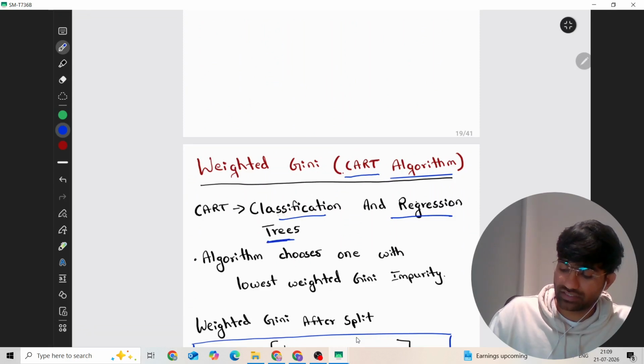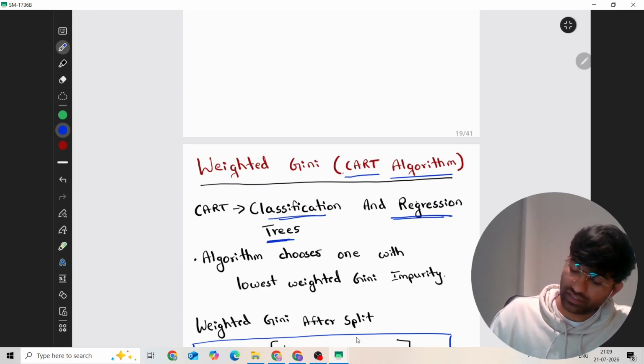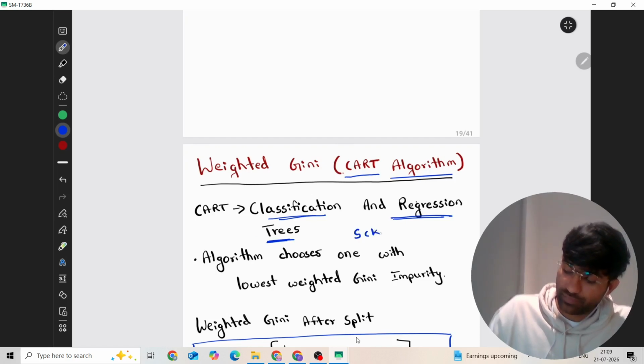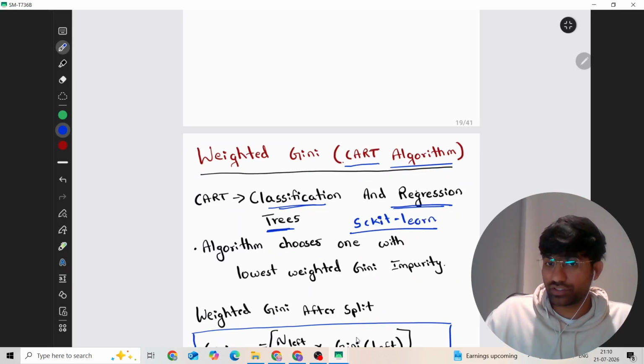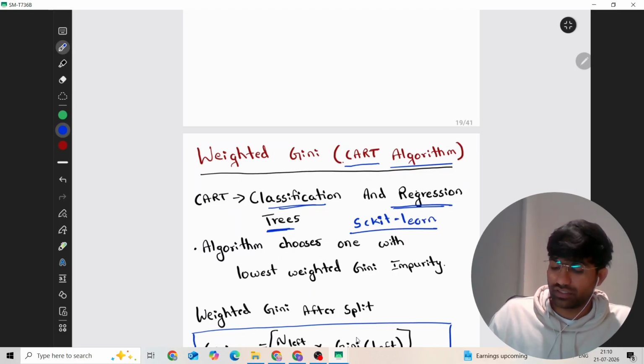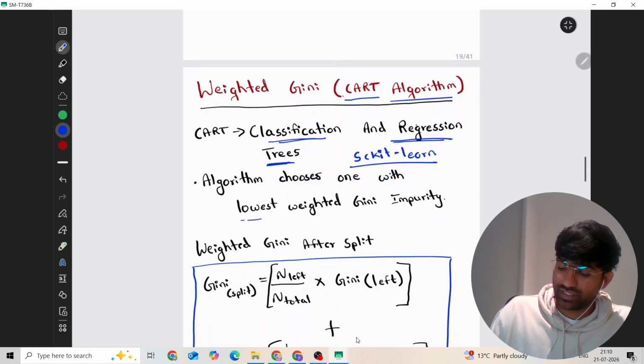For both the classification and regression trees, it will use this logic of weighted Gini, and this is used in scikit-learn library. Scikit-learn doesn't use the entropy. Scikit-learn will use the CART algorithm to build the decision tree. The algorithm chooses the lowest weighted Gini impurity to split the data.